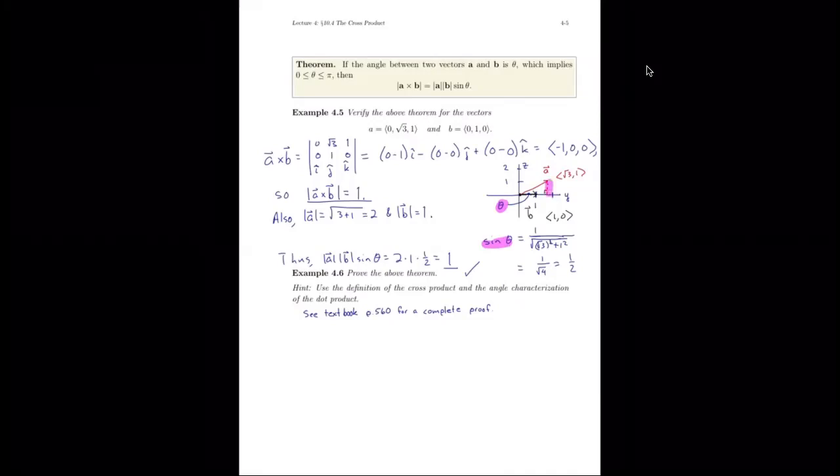This is a height of 1 right here, over the hypotenuse. Well, the hypotenuse is unknown, but it's the square root of root 3 squared plus 1 squared. And, well, it's 3 plus 1 is 4. We get 1 over root 4, and that's 1/2. So the sine of theta is 1/2.